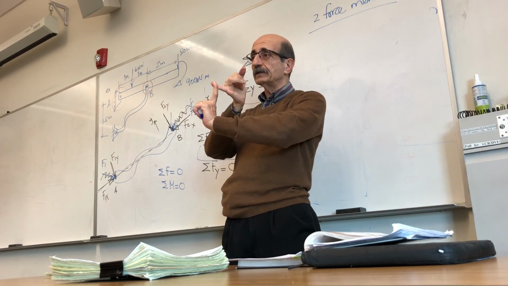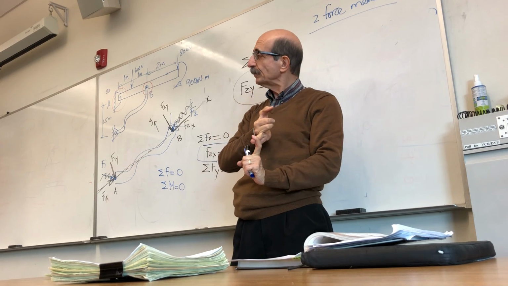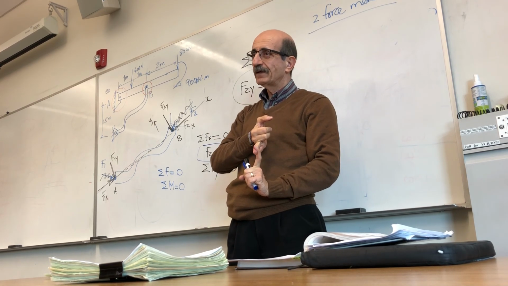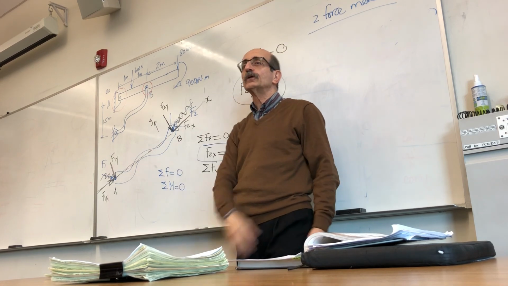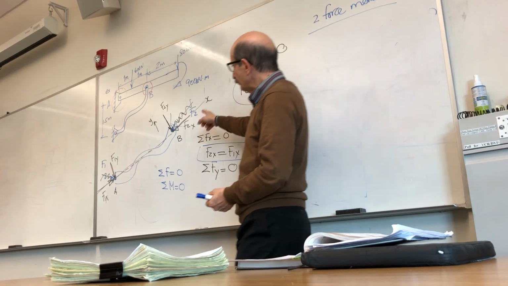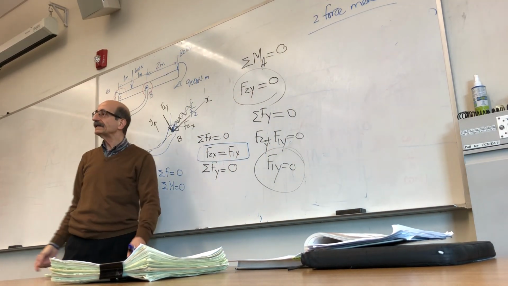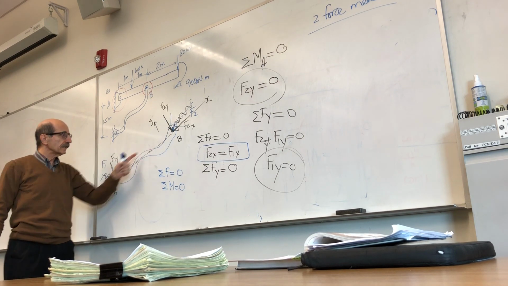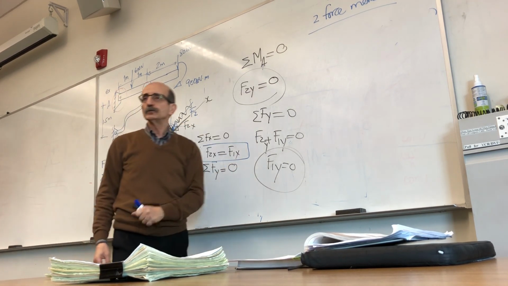Number one requirement: no load acts along that member. Number two requirement: then, for that member to be in equilibrium, the only possibility is that the forces acting at the two ends have to be equal, and acting along a straight line that connects these two points together.